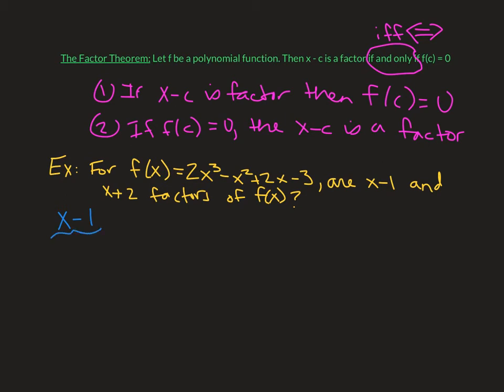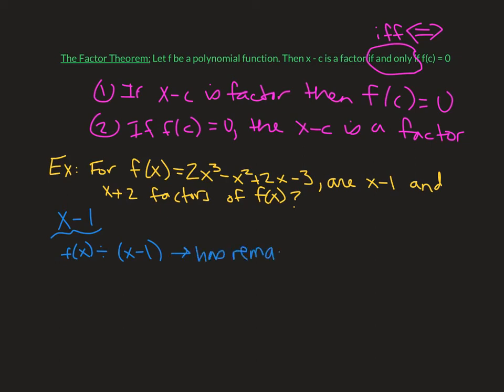You're most likely going to be doing it only one way, but I want you to know both ways. The first way is that if you do f of x divided by x minus 1, it will have a remainder of 0 if x minus 1 is a factor.